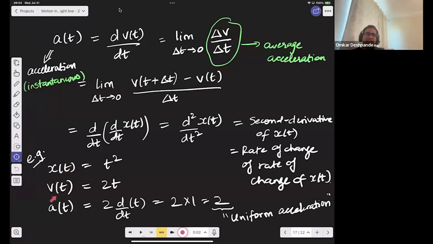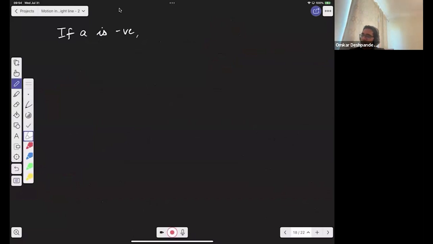When v of t had a negative sign, it meant the instantaneous velocity is towards the left, that is, the particle is moving leftwards. What does it mean for acceleration to be negative? If a is negative, that means acceleration is towards the left.